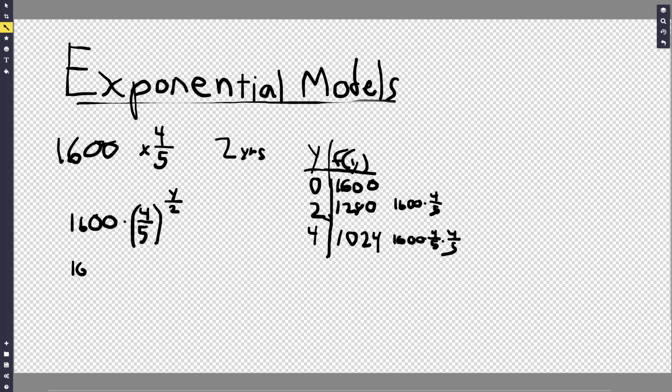So let's say after 2 years, 1600 times 4/5 to the power of what? y is equal to 2, so it's 2 divided by 2, which is equal to 1. So it's just 1600 times 4/5, and that's 1280. Okay, so look at that. So this is our equation right here for the declining deer population.